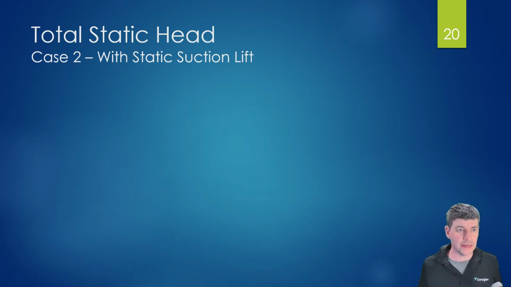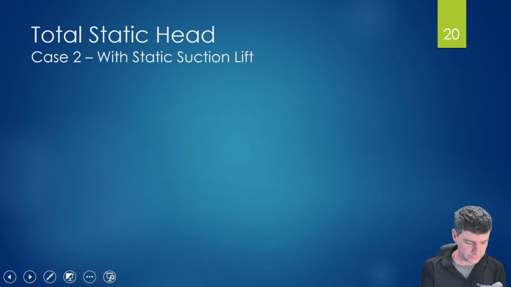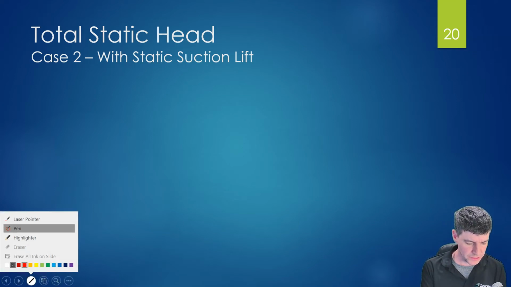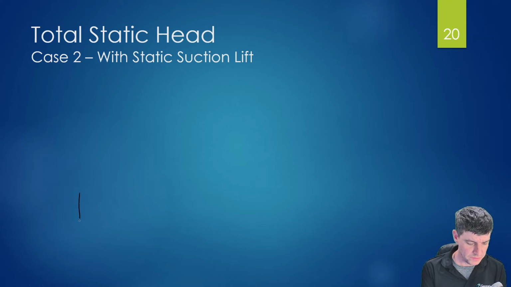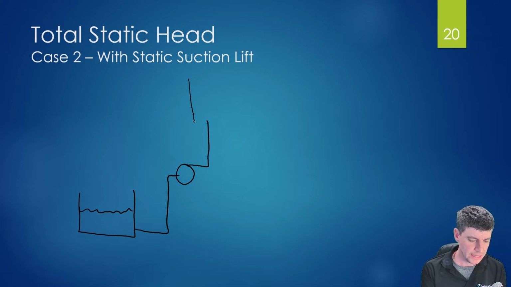Okay, let's look at the second case if we have static suction lift that's occurring. Okay, so let's draw out our system. What we would have would be a low reservoir. It would move upwards to my pump, and then from my pump I would move up to an upper reservoir.